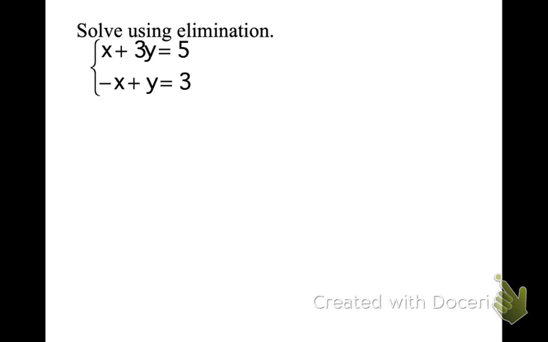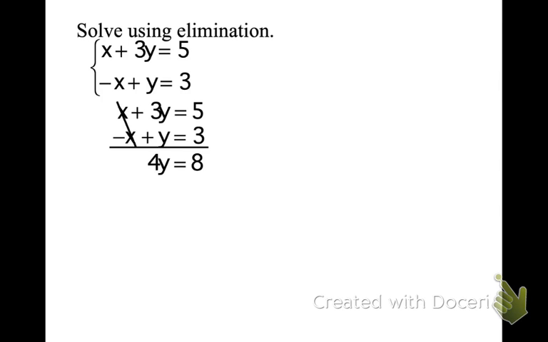Now let's check our work. As I add up and down, we notice that the x's are additive inverses, so they cancel. And I get 4y equals 8. Divide both sides by 4, and y equals 2.